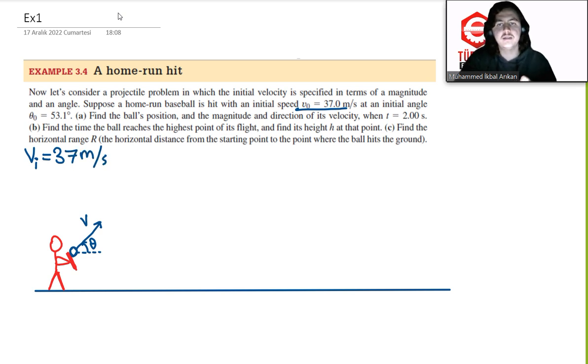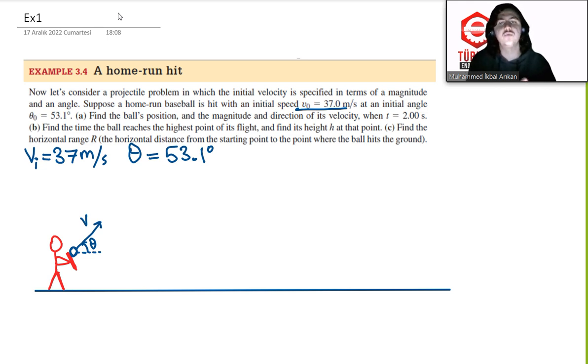And my initial angle, with which I'm hitting, is 53.1 degrees. So it's asking for the ball's position and the magnitude and direction of its velocity when time equals 2 seconds. And find the time the ball reaches the highest point of its flight.